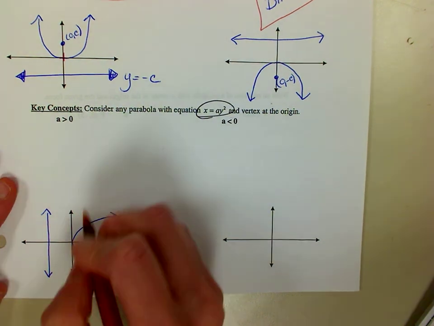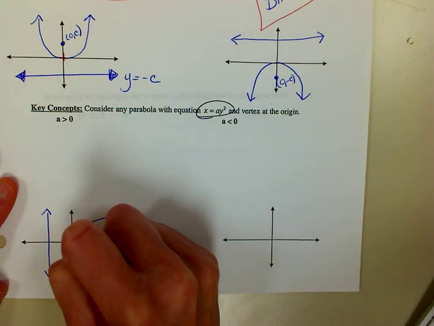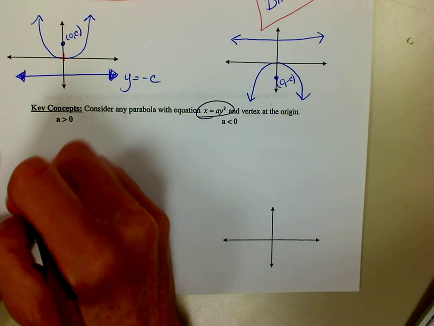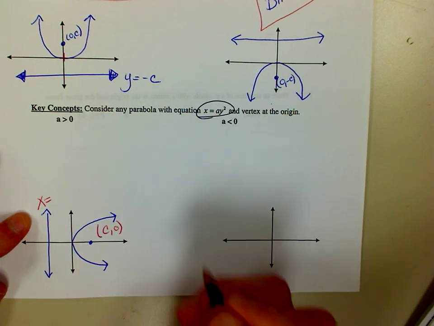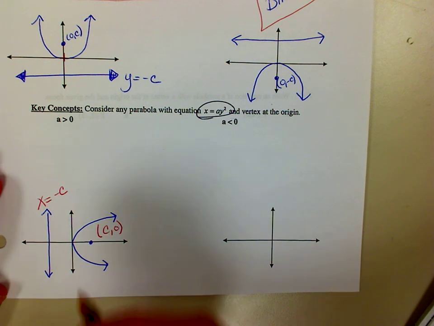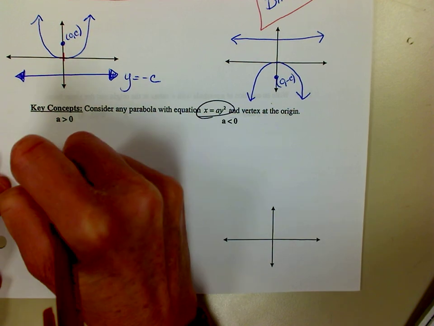So the focus this time is on the x-axis, so this is going to be C, 0. And the vertical line this time crosses the x-axis, so it's going to be x equals, and since it's on the negative side, it's negative C. So we got the focus and the directrix.